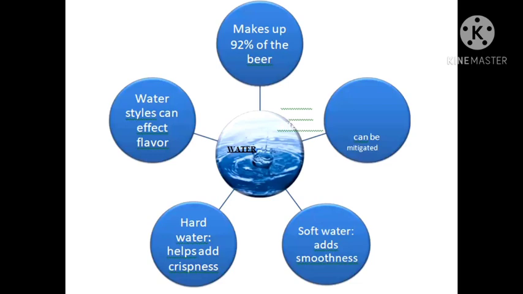As I told you in the previous video, water differs a lot because it varies the taste. So water is very important in preparing a beer because 92 percent of the beer is water. Water can still affect flavor.